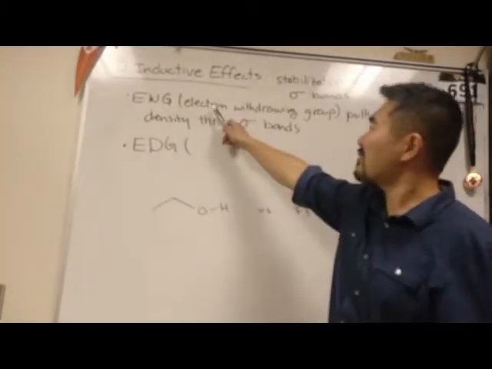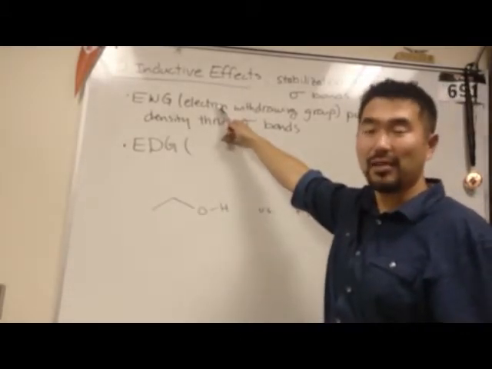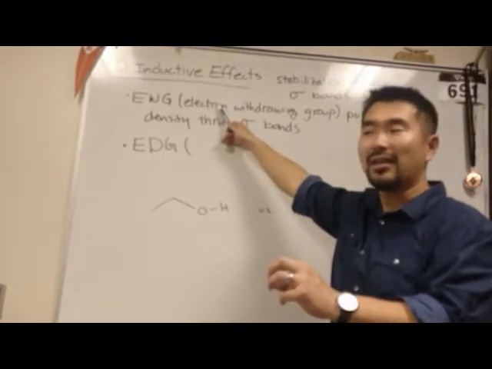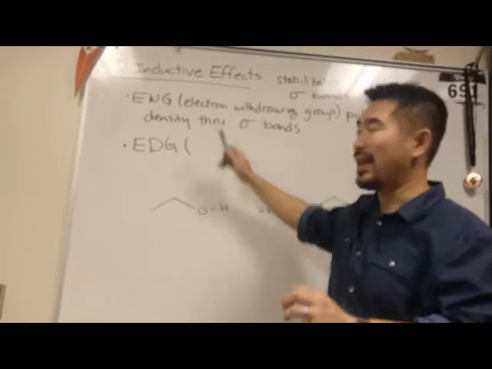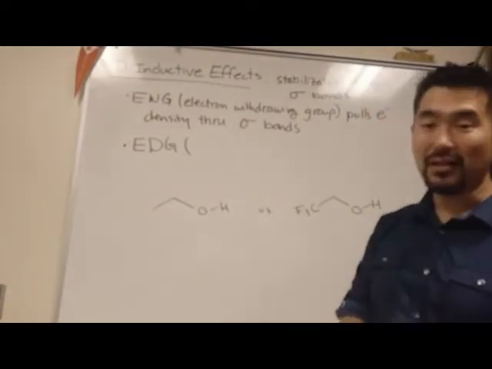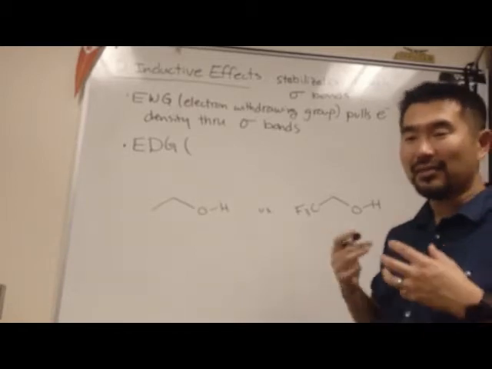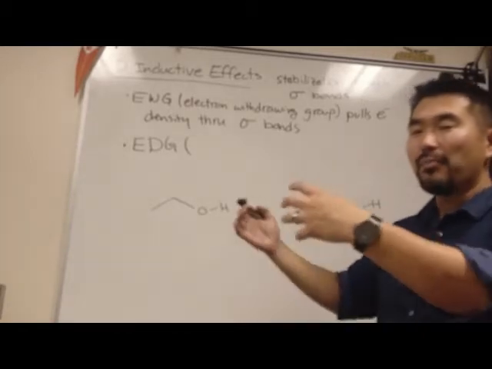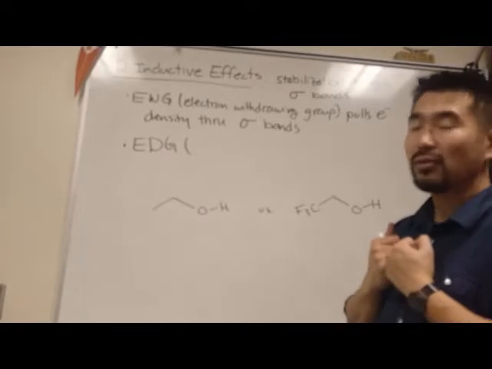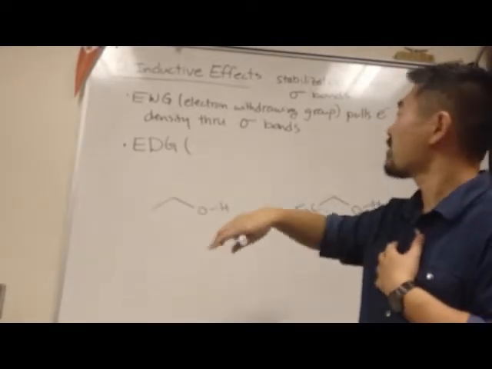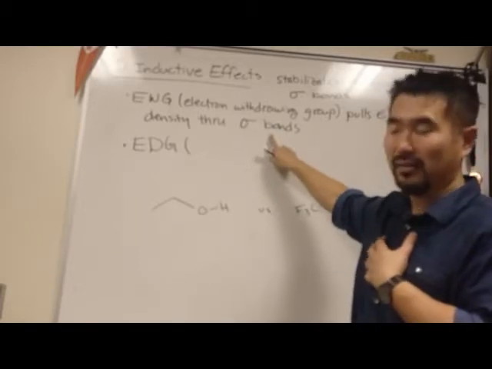If you have something called an electron withdrawing group somewhere in your molecule, hopefully nearby the proton that is supposed to be the acidic proton. What is an electron withdrawing group? It's just any group that is electronegative enough that it pulls electron density towards it, away from something else, through the bonds.